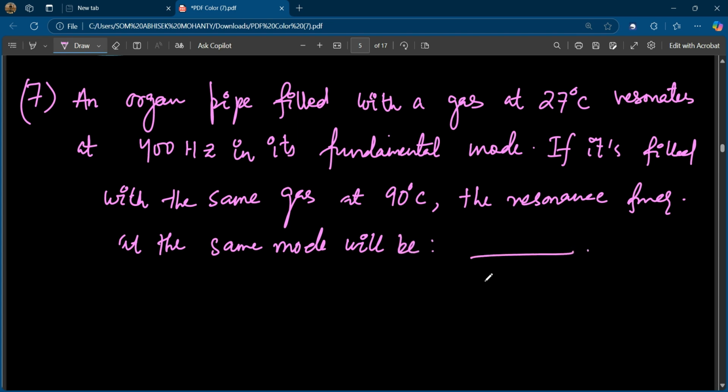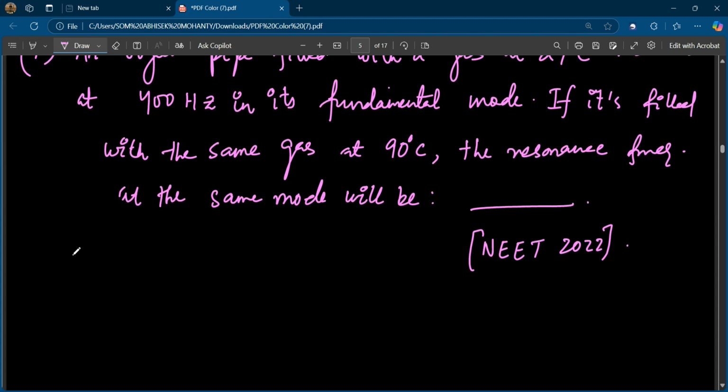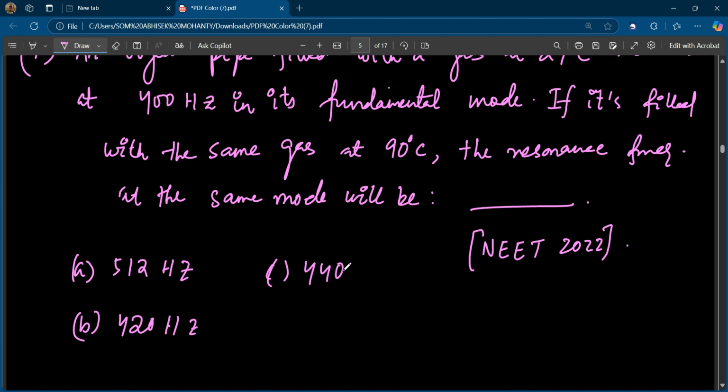Okay, this also came in NEET 2022. Your options are A 512 hertz, option B 420 hertz, option C 440 hertz, and option D 484 hertz.